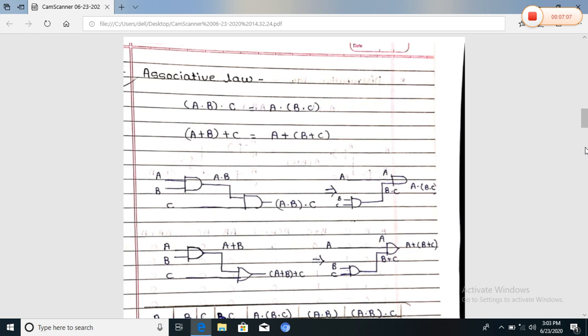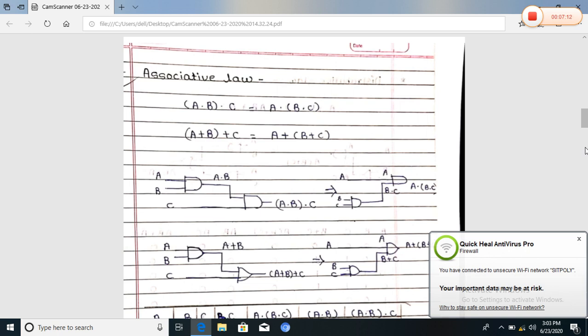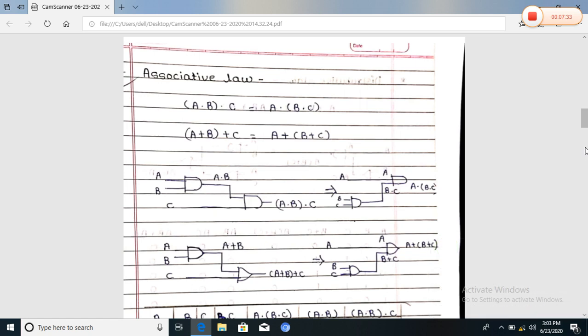It means A into B into C is represented as A into B into C. Similarly, A plus B in brackets, plus C, is represented as A plus, in brackets, B plus C. The input sequence is changing, but the output is the same.